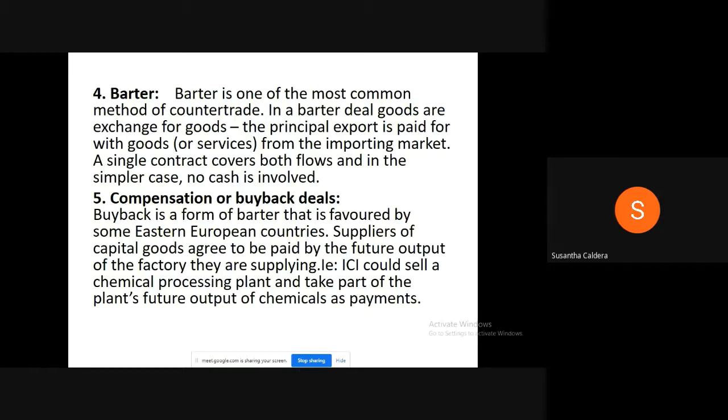They will sell a chemical processing plant, but the cost of that, they will take from future outputs of chemicals as payments. Okay? So both parties, they are up on the deal.